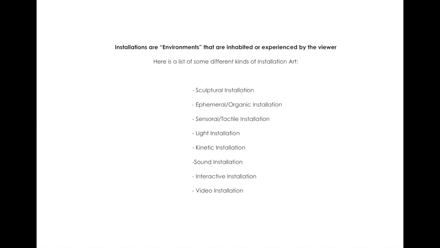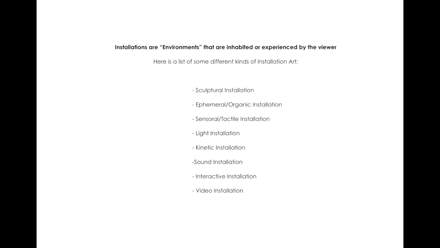Installation art can take multiple forms and often incorporates mixed materials, light, and sound. Some examples of different kinds of installation art include sculptural installation, ephemeral or organic installation. This just means that it's made from a material that will break down over time. Sensorial or tactile installation, so an installation that appeals to one of the five senses or that you can touch.